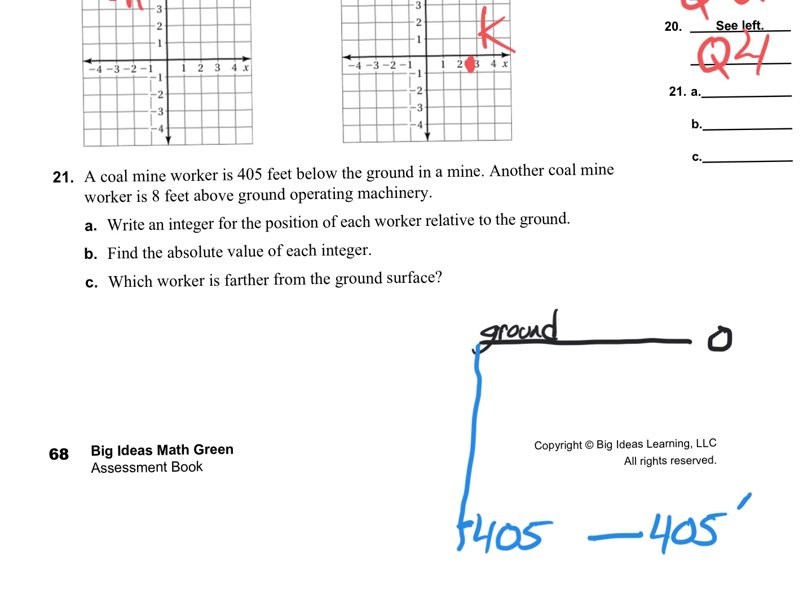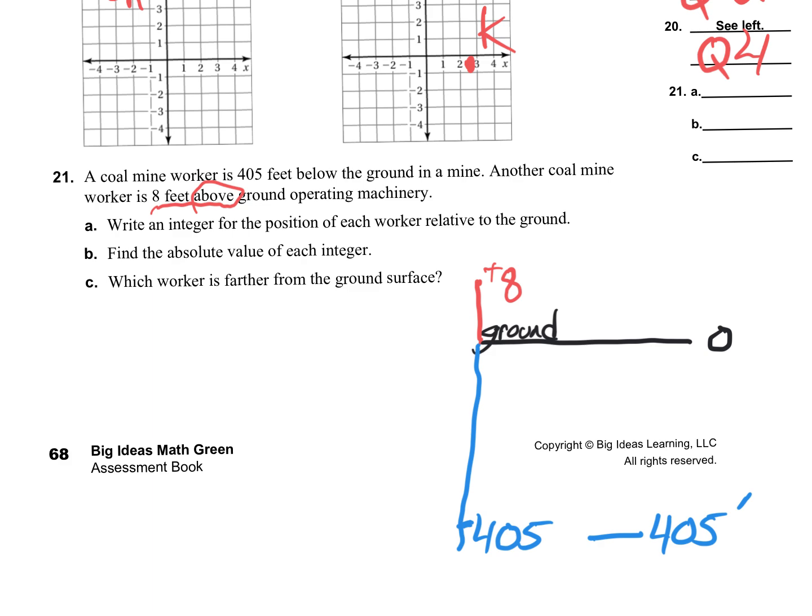Now, the other worker is 8 feet above ground. Because it said above, that tells me it's positive, and that is 8 feet above. So make sure we answer the question. The first question, write an integer for each position of the worker in comparison to the ground.